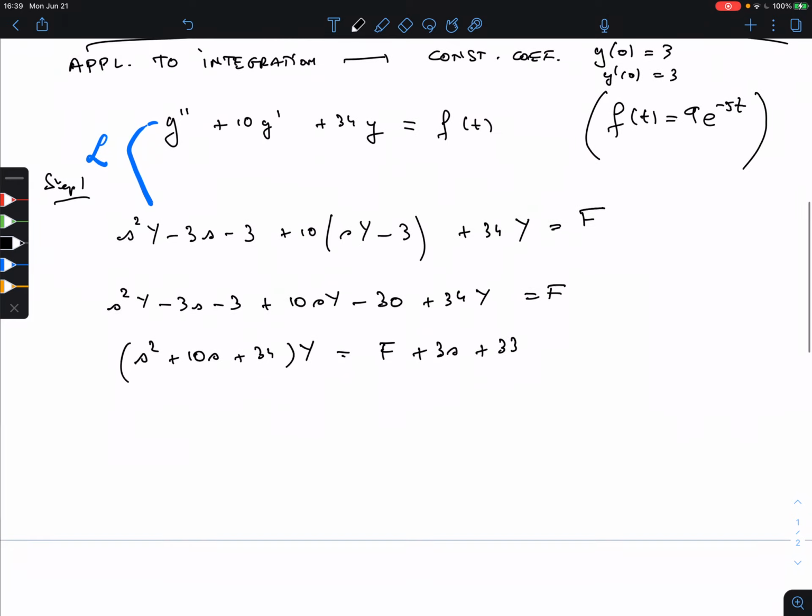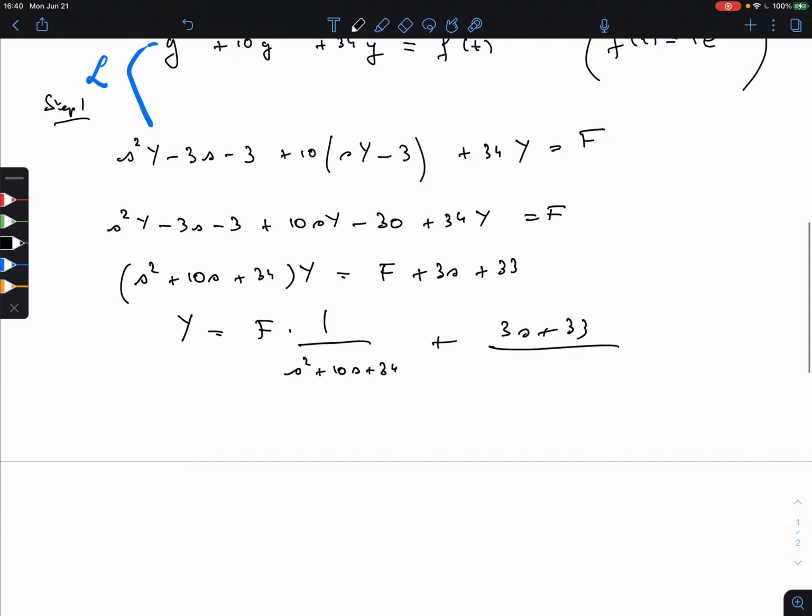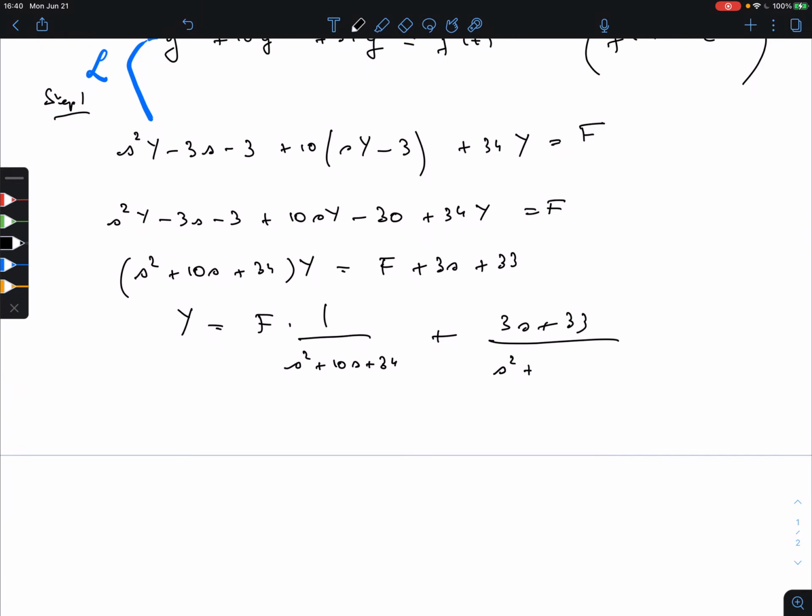Okay, and then we solve for Y, and this is important, we split this up into two different types, because one will be an inverse Laplace giving me a convolution, and the other one is just doing the regular technique, just finding the inverse Laplace.